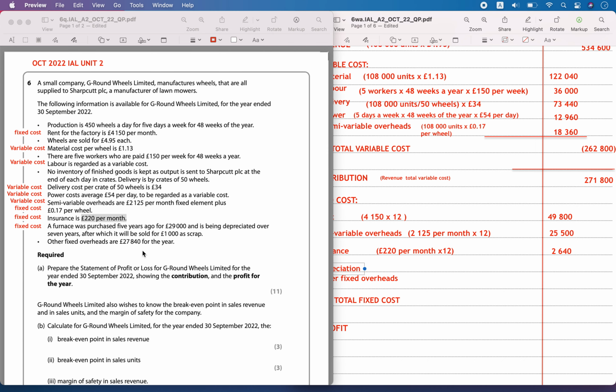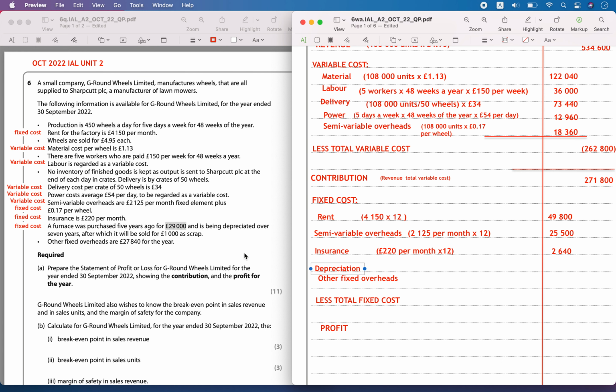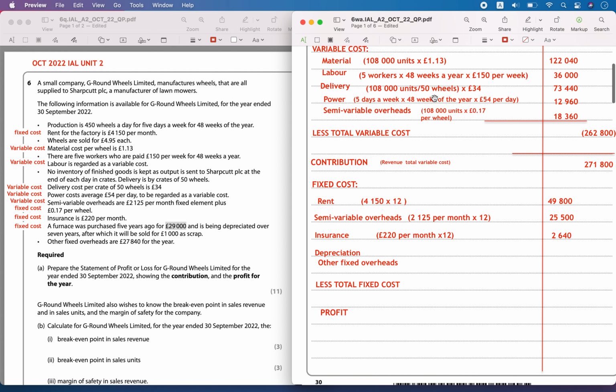Then you have the depreciation. They have said that a furnace was purchased 5 years ago for 29,000 pounds, and it is being depreciated over 7 years, after which it will be sold for 1,000 pounds as scrap.